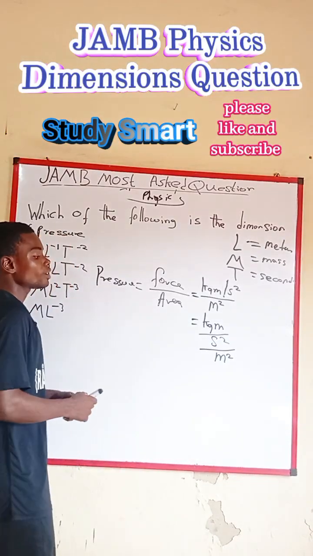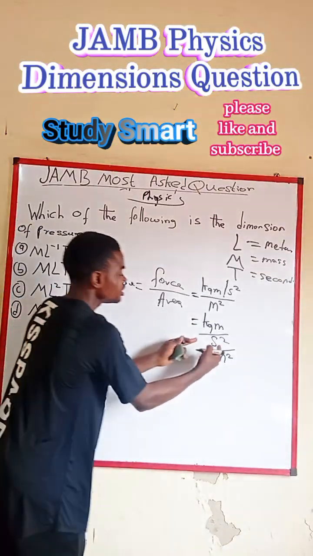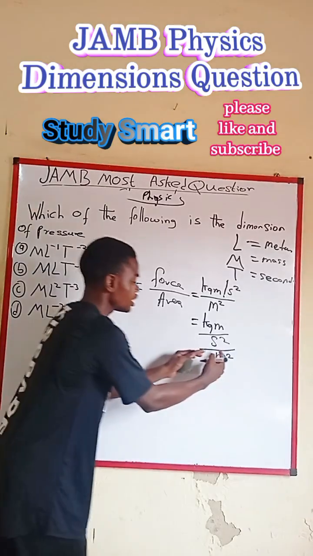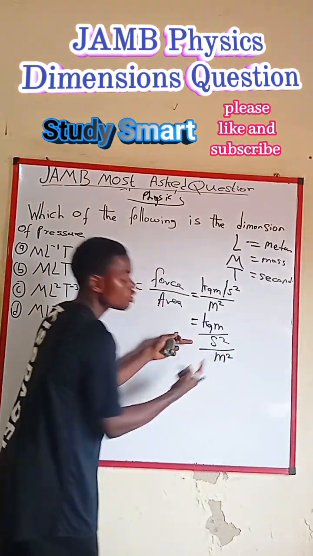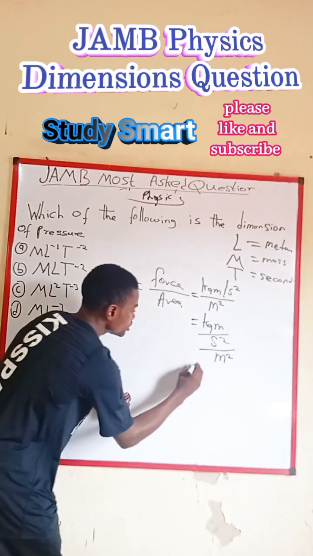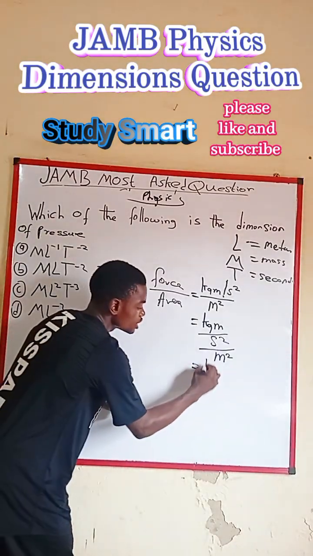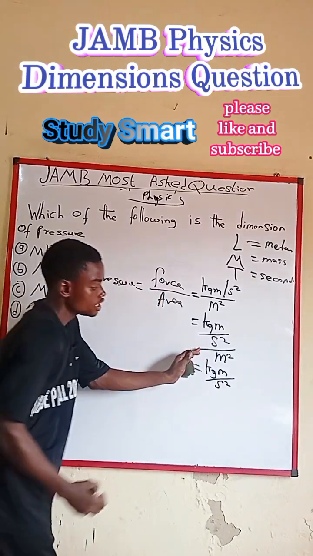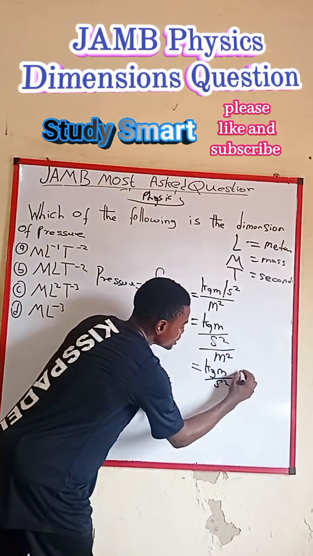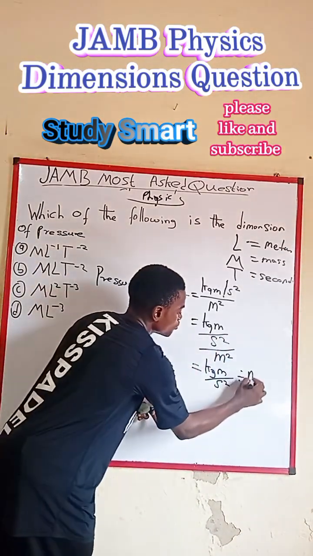Now, what am I going to do? According to fraction, this is the numerator and this is the denominator. Now, I want to make this one to be on its own division. So this is further equal to kilogram meter over s squared. Instead of putting this line, I will now put divide by m squared.